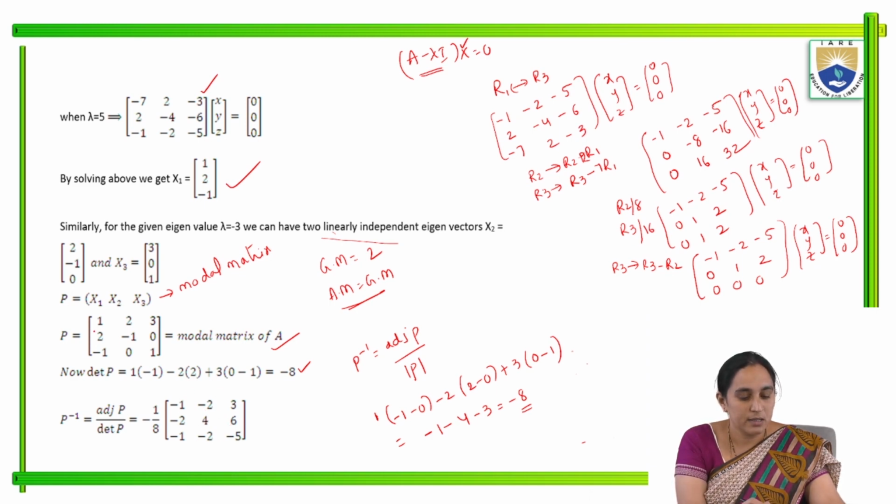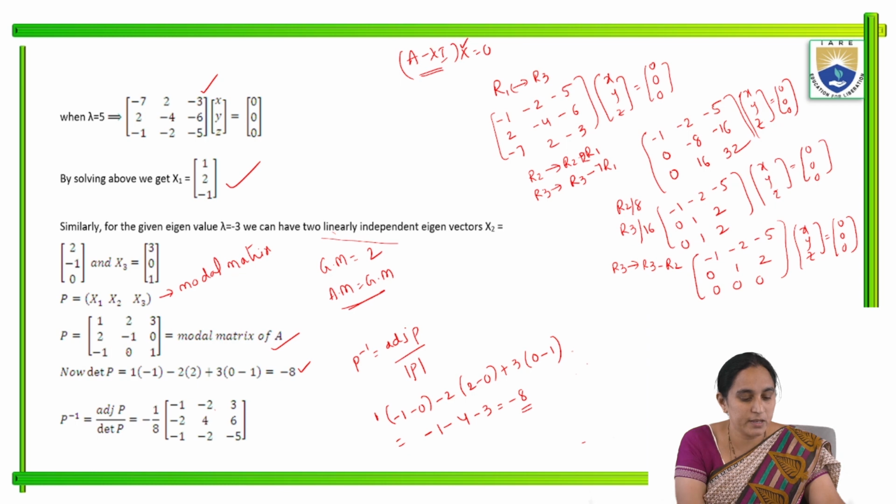For the first element, that minor is minus 1. For 0, the corresponding minor is 2. Next, for 3, the corresponding minor is 2 minus 1, and minus into minus is plus, that is 3.